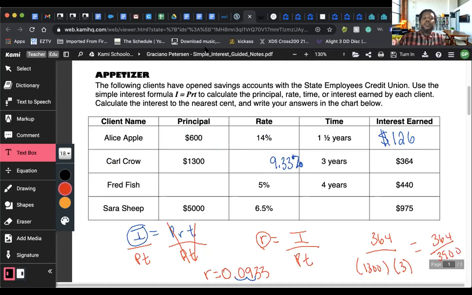So when working with the simple interest formula, right? The simple interest formula is written one way, right? It's written as I is equal to PRT, but I can find any of these letters at any time. I just need to rearrange the formula a little bit to work with whatever letter I am trying to find.